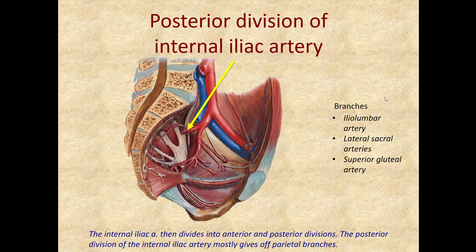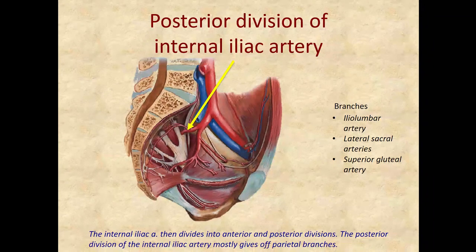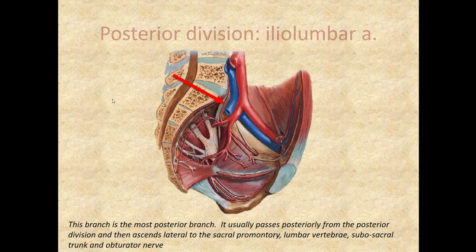It has three branches: the iliolumbar artery, the lateral sacral artery, and the superior gluteal artery. The superior gluteal artery is sort of the terminal branch of the posterior division of the internal iliac artery. The main point for the posterior division is that most of these branches give blood supply to the parietal aspect of the pelvic cavity.